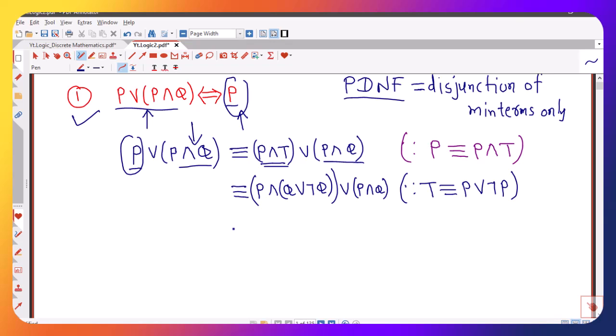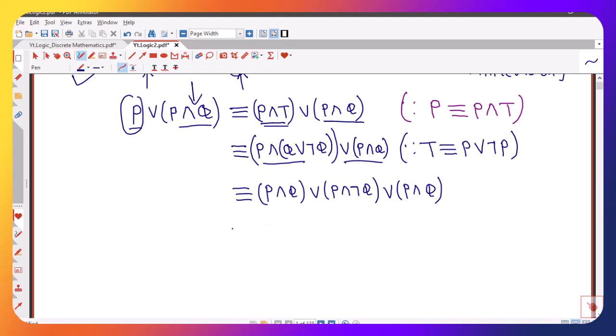Then we use distributive law here. So this we can rewrite as P and Q, here we have OR in between, and here we write P and negation Q, and this is as it is, OR P and Q. And again we can see that here we have P and Q or P and Q. So I can first write down these two.